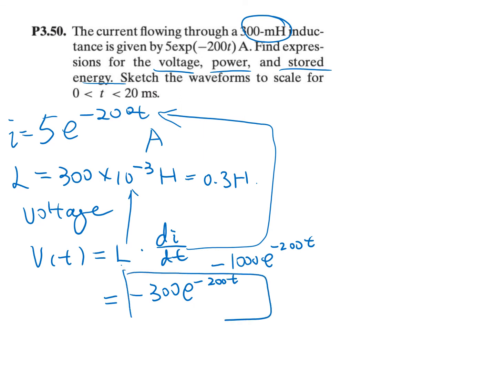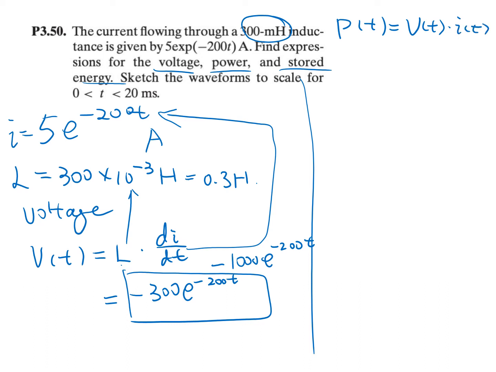So this is our voltage. And now we need to calculate the power. The standard formula to calculate the power is P is equal to v(t) times i(t). We know v(t) is here, and the expression for I is here. We multiply them together and simplify. We get negative 1500 e to the negative 400t watts.